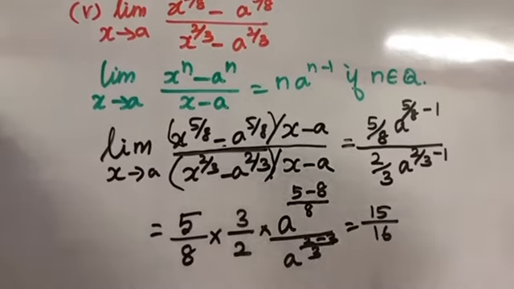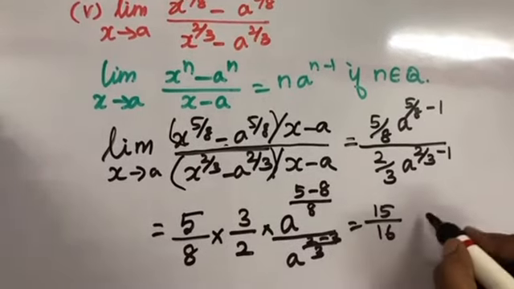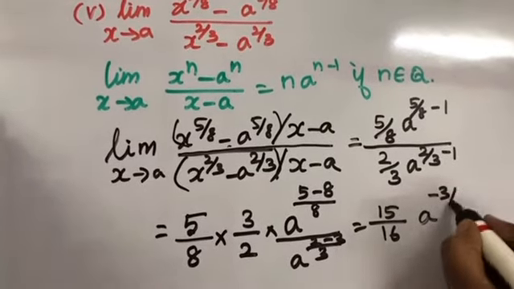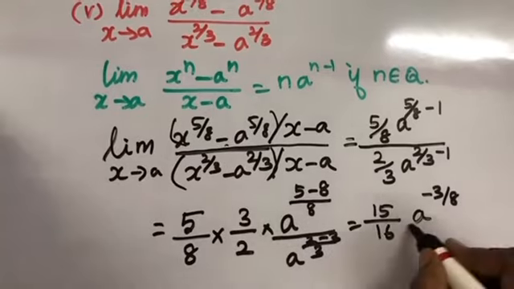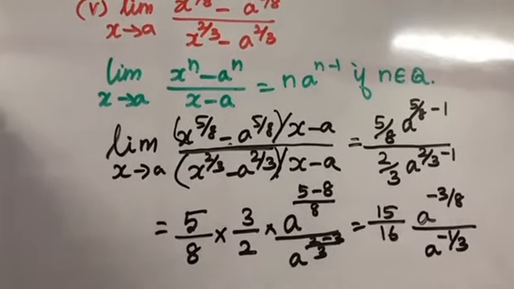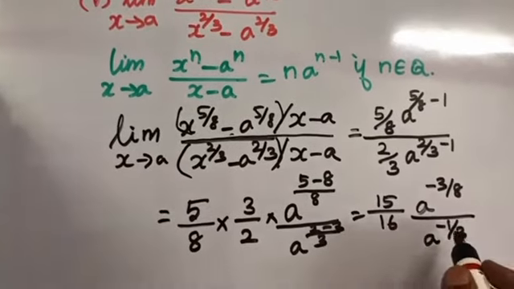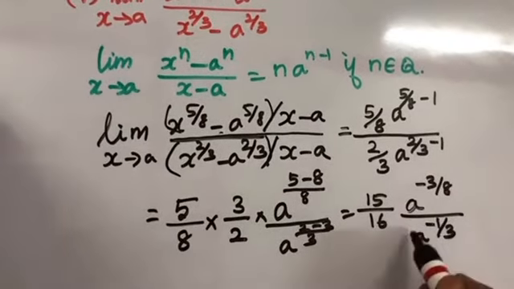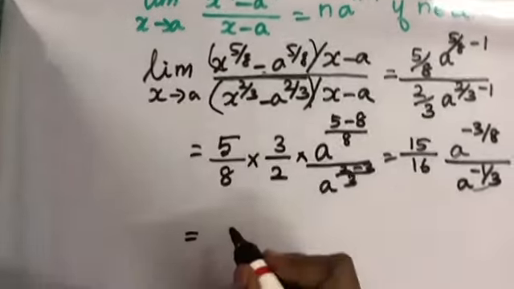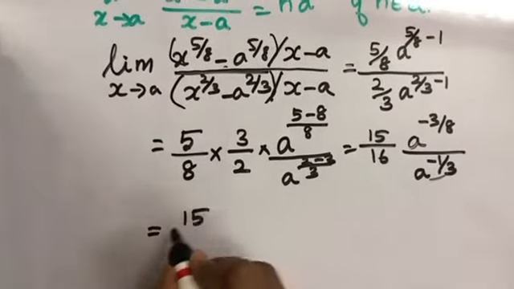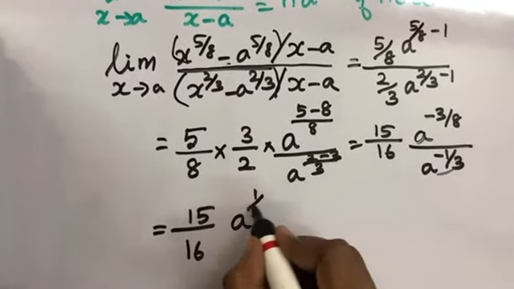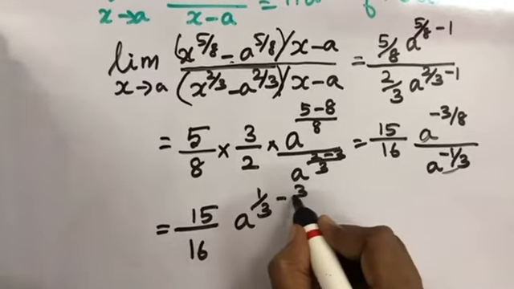So 15/16, and a power 5/8 minus 8/8, that is minus 3/8, divided by a power minus 1/3. Now we can move the denominator to the numerator: 15/16 into a power 1/3 minus 3/8.